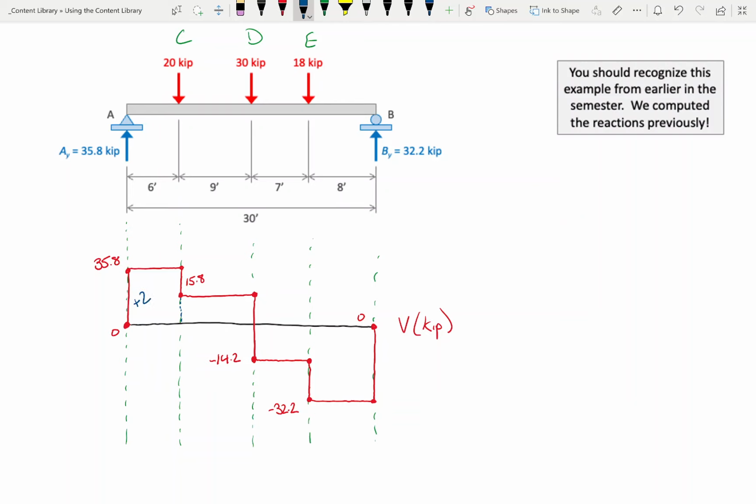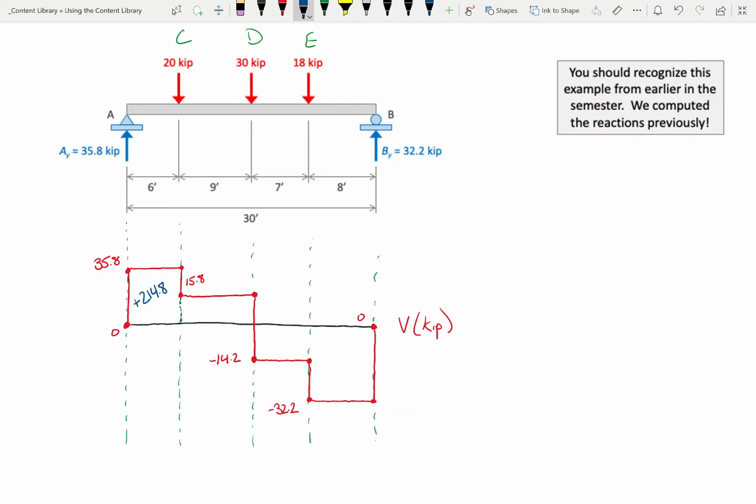I'm going to call it positive 214.8. By the way, what would the units of that area be? Foot kips, or kip feet, and isn't that a moment unit? And that's what we're doing, right? So you told me 214.8. Okay.